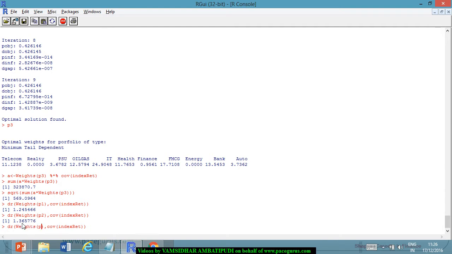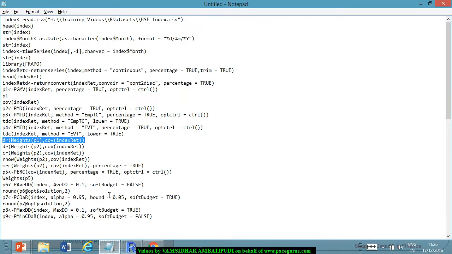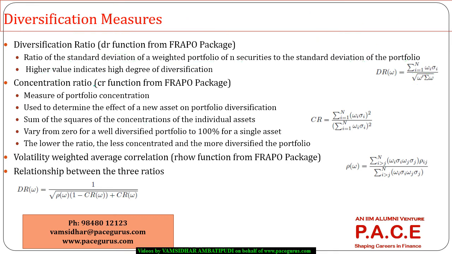And if I look at the minimum tail dependence portfolio, the diversification ratio is 1.32, somewhat better than the global minimum variance portfolio, but not as much as the most diversified. Obviously, the most diversified should have the highest diversification ratio as well. So this is one thing which we will use for evaluating the diversification of the portfolio.